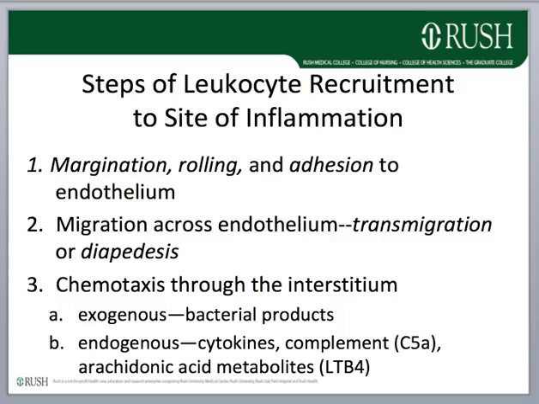The most common exogenous agents are bacterial products. Endogenous chemoattractants include several chemical mediators, such as cytokines, particularly those of the chemokine family, components of the complement system, particularly C5a, and arachidonic acid metabolites, mainly leukotriene B4.